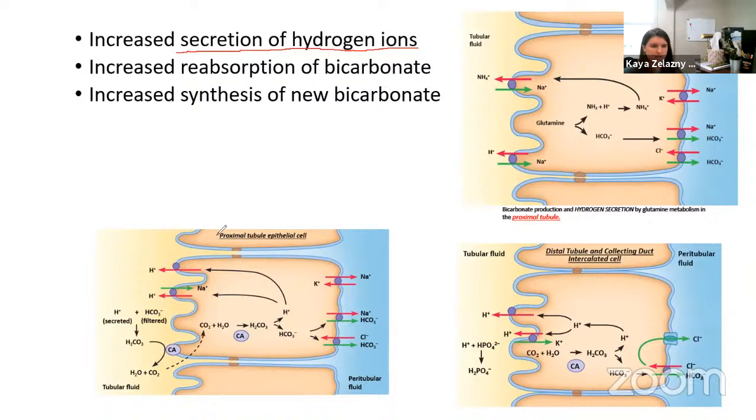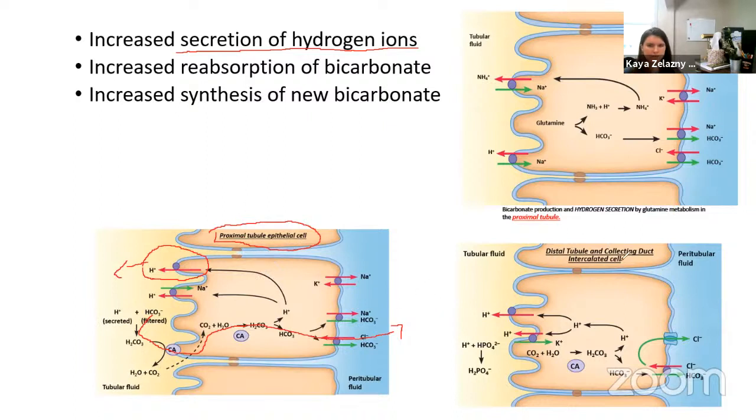So we can see in the proximal tubule, in the epithelial cells, we had secretion of hydrogen ions coupled to reabsorption of bicarbonate, which we can follow vaguely down this pathway. So that's how our bicarbonate traveled. Our hydrogen ions are secreted. So that's one place we see secretion of hydrogen ions, by the proximal tubule.